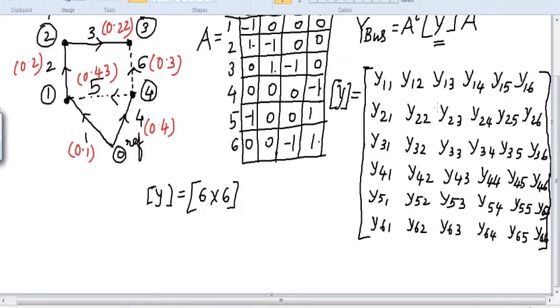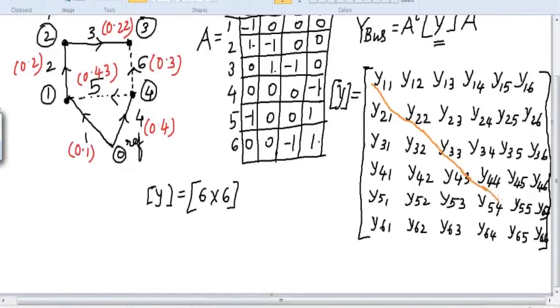Now here, as we are following the singular transformation technique, what does it state? Let us understand. It states that we have to take only the diagonal elements. Why? Because we are considering only the self impedances of this complete system.